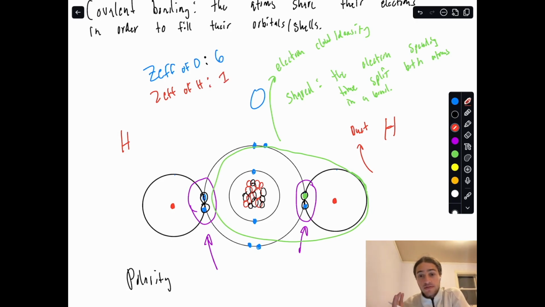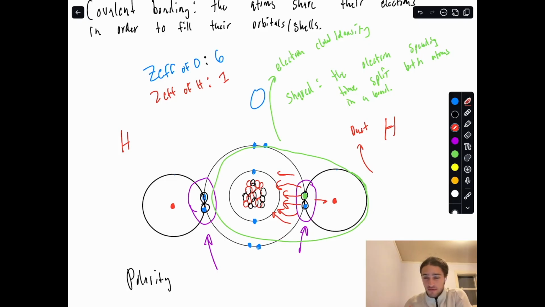So let's remind ourselves conceptually what that means. This is saying that the effective nuclear charge of oxygen is higher, which means its proton pulling force, how hard it's pulling on the electrons, is increasing. If we're looking at our green valence electron, it's getting sucked into the oxygen atom with more force than the measly hydrogen.